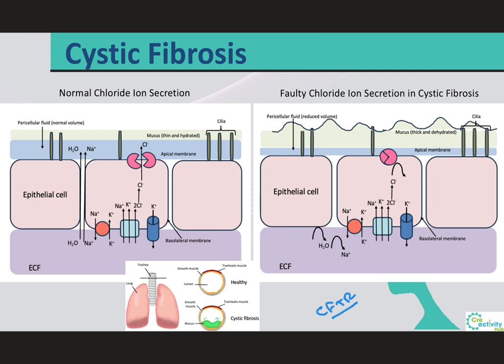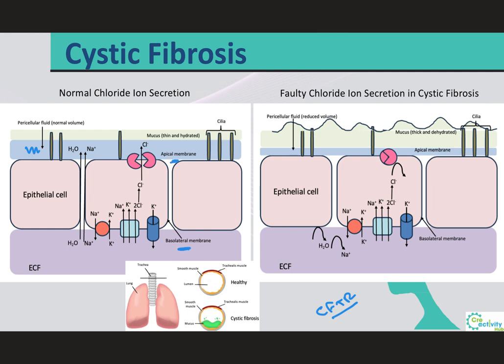So let's see what happens under normal conditions. We can see that the production of the periciliary fluid involves the transport of proteins in the basolateral membrane, also in the apical membrane of the epithelial cells.